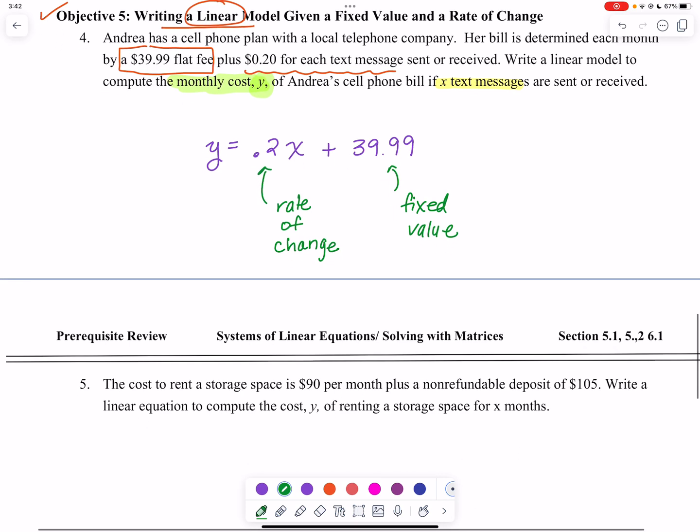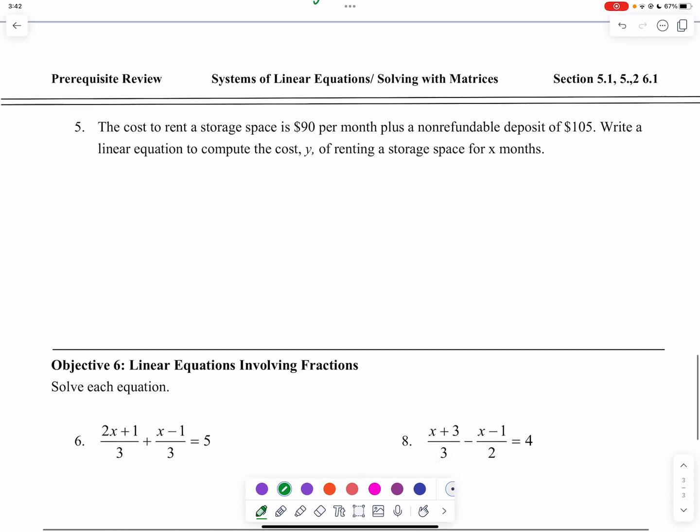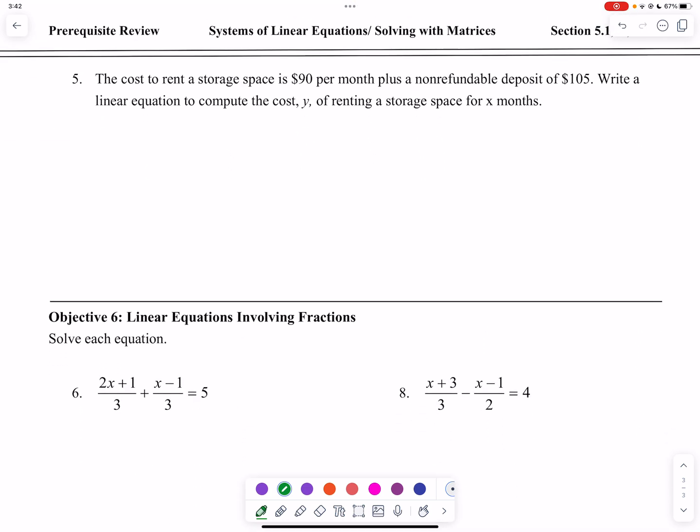Okay, looking at number 5, we are still on objective 5, writing a linear model. Here we have the cost to rent a storage space is $90 per month, plus there's a non-refundable deposit of $105.